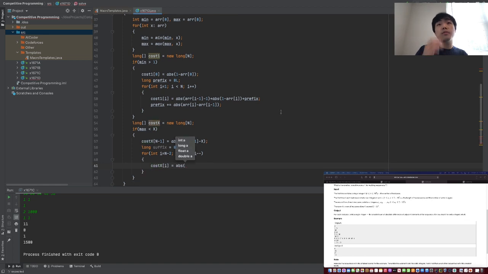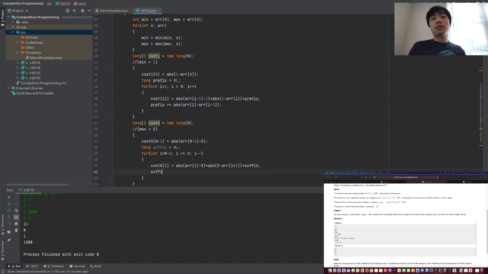It is equal to the absolute value of array at I minus x plus the absolute value at array at something like this, plus suffix, and then the suffix adds an absolute value at this.